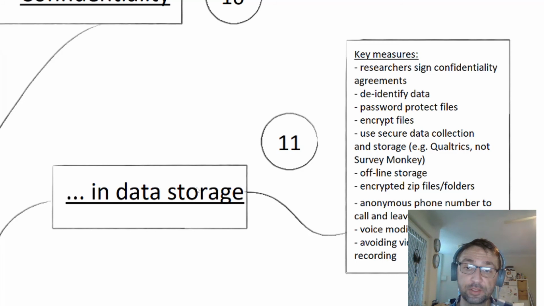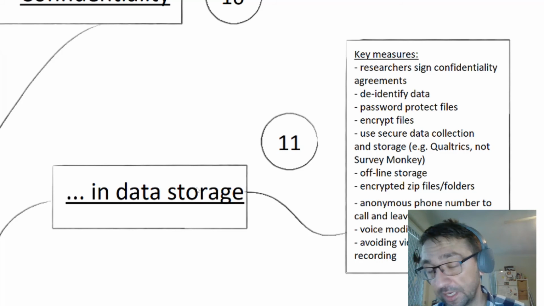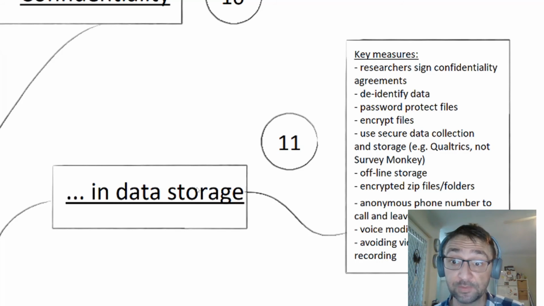A few other methods that can be used. I learned recently this week that one way another doctor at Macquarie University uses to get really sensitive data from people, for example, about the sexuality of teens, is she creates a phone number with, say, Telstra, and gives that number to students to call and leave a message on.